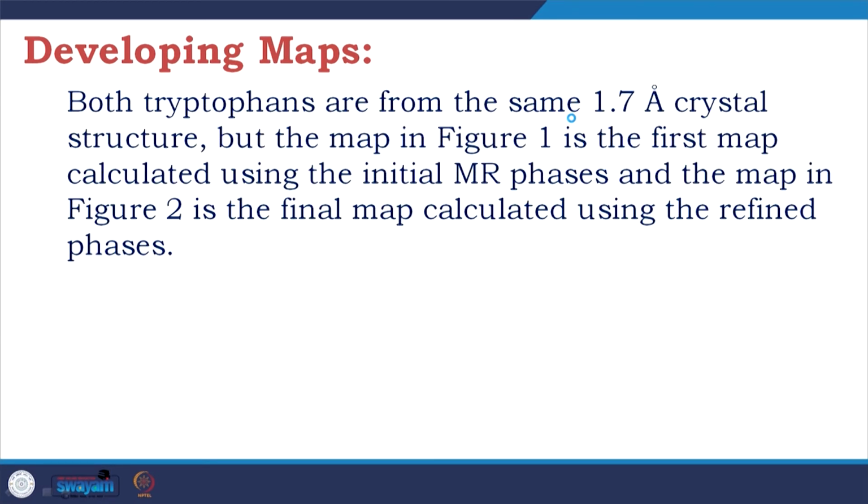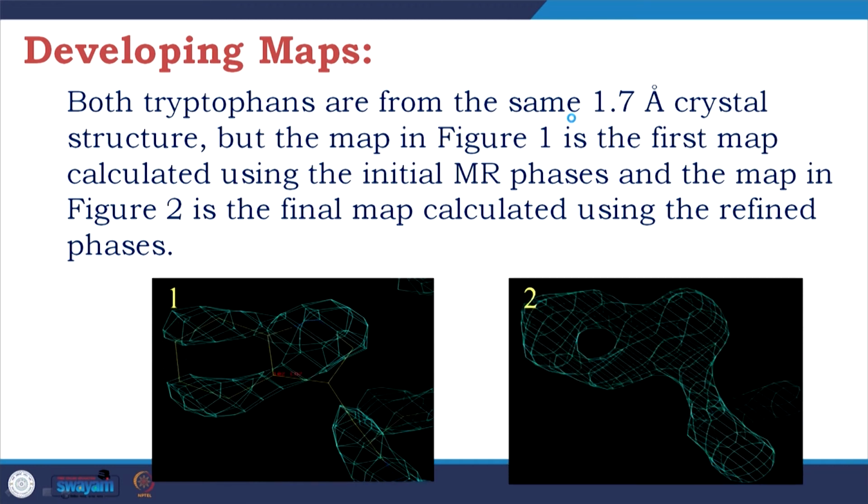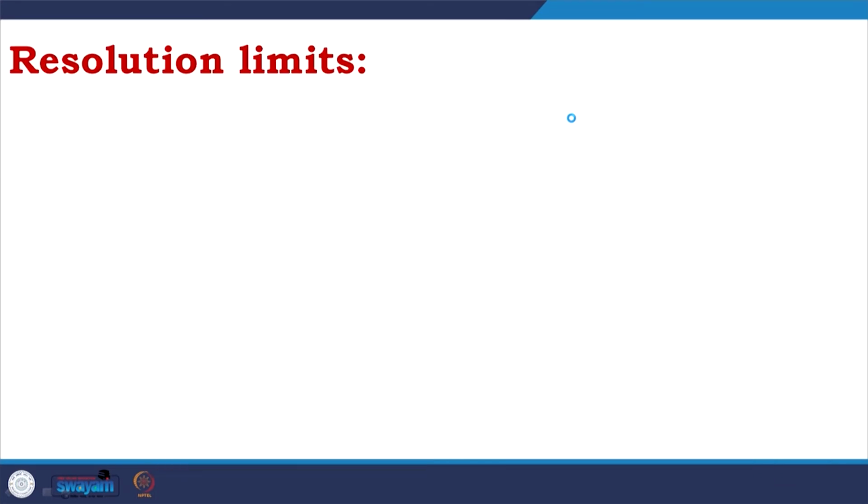Both tryptophans, if you see here, are from the same 1.7 angstrom crystal structures, but the map in figure 1 is the first map calculated using the initial molecular replacement phases, and the map in figure 2 is the final map calculated using the refined phases. See, because it is refined phases, so here you get much better electron density map.